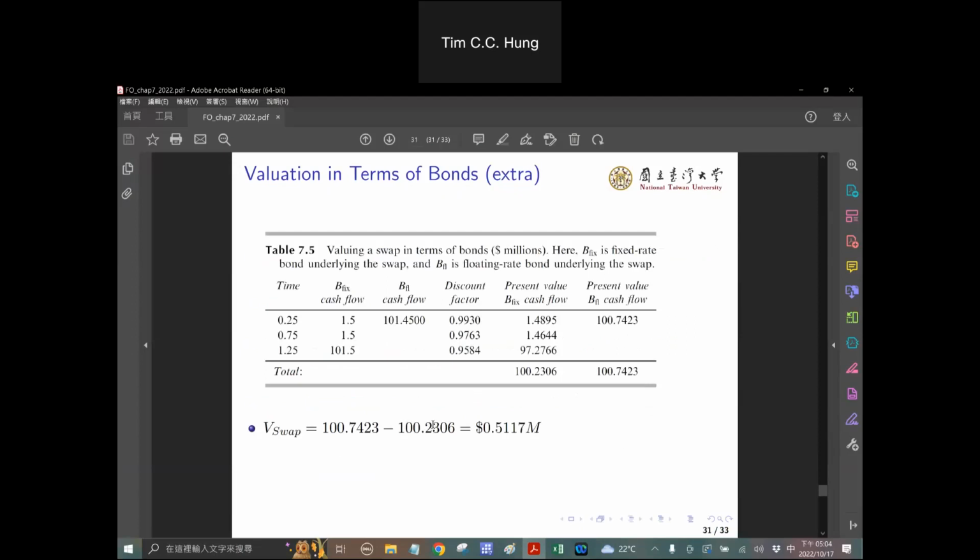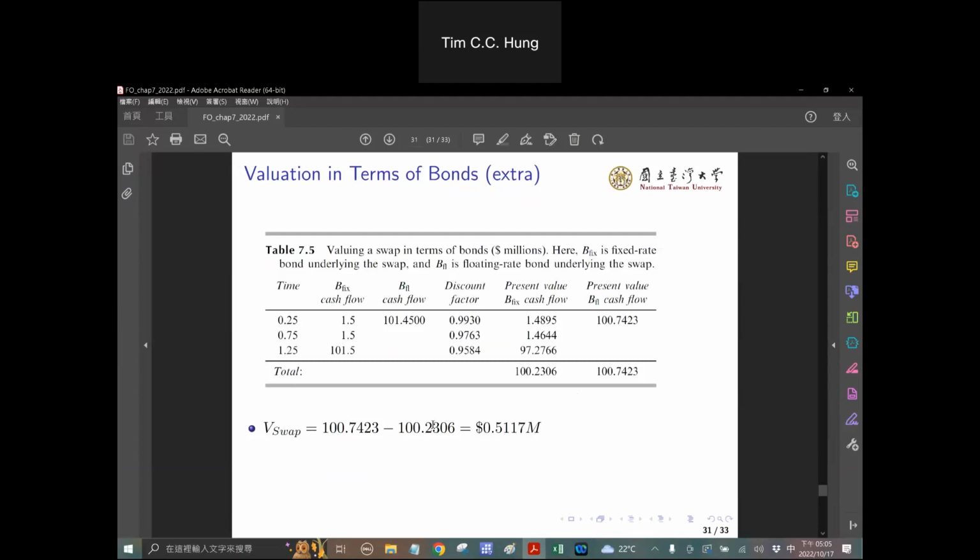So what it means is that you can imagine the floating bond. We're going to do the valuation in terms of bonds. What is the value of a floating bond at time 0.25, in 3 months? It should have a value of 101.45. Why is that the case? It's because right after the coupon payment, it will have a value of exactly $100, the face value.